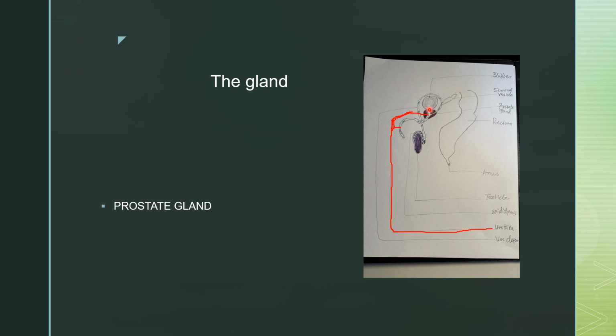In females, there is no prostate gland per se, but we have a lookalike known as a homologous structure, called Skene's gland, that is S-K-E-N-E gland. That will secrete a whitish or viscous substance that will be released during female arousal. You understand what I'm talking about? I don't want to go into details of that.